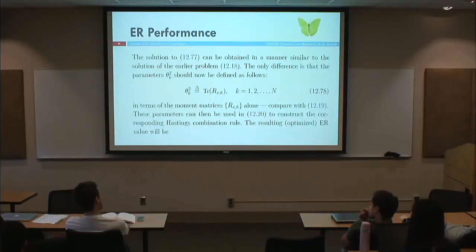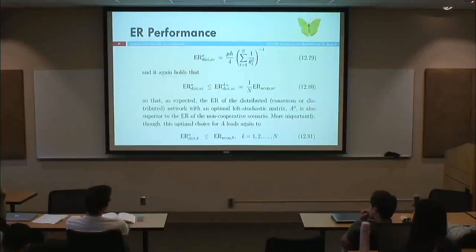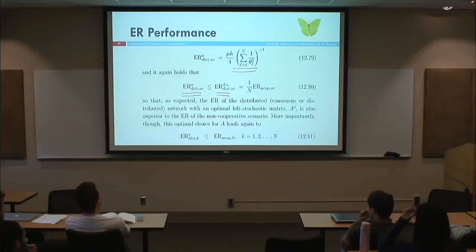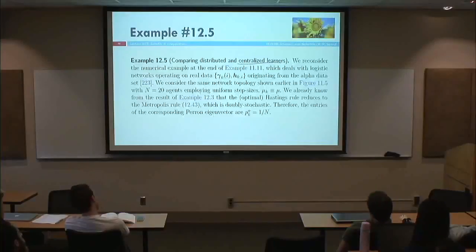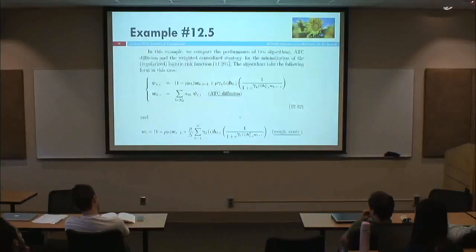Okay? Here, you will get the same solution, Hastings rule, and then you will be able to show that the optimal is better than the distributed solution and better at the individual level. Okay? And then here I have an example to show that. Okay? Comparing distributed and centralized learners, uniform step size. I run diffusion.